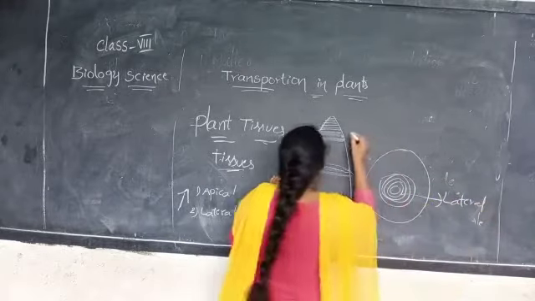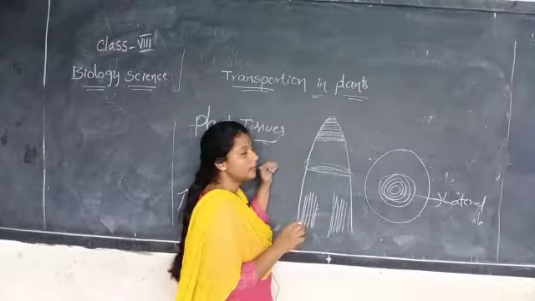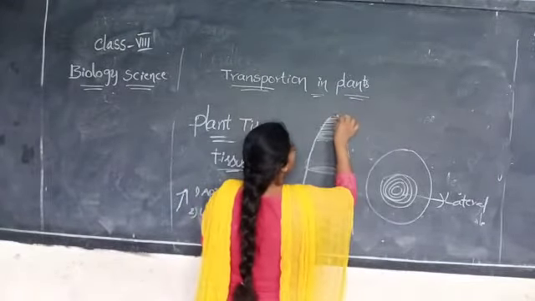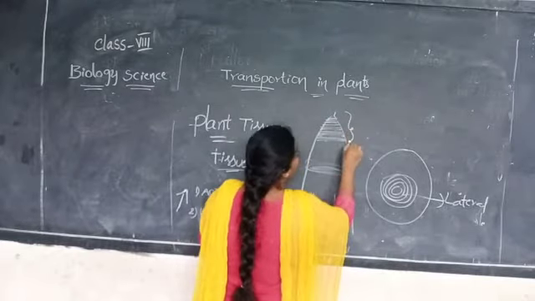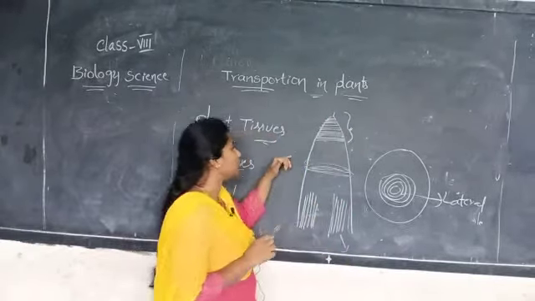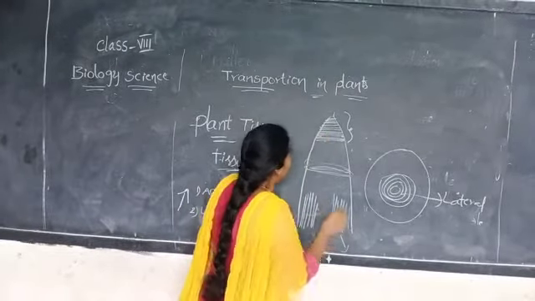In apical meristematic tissue, the cells are present in the tip of the shoot and the tip of the root.